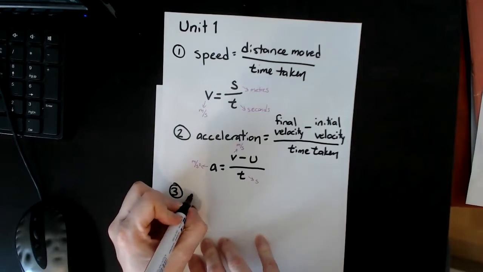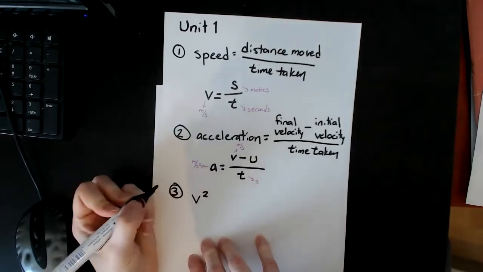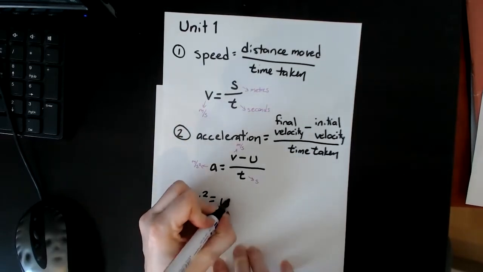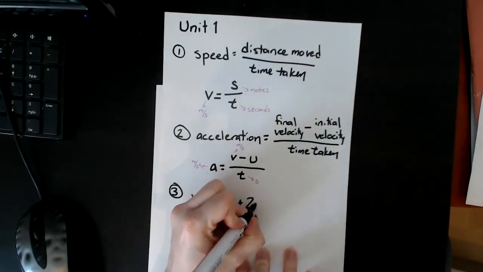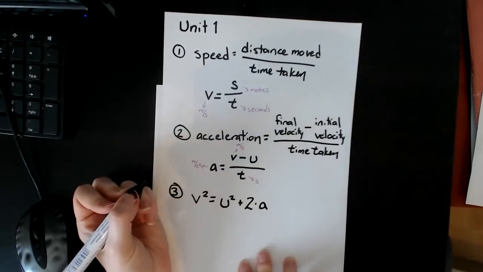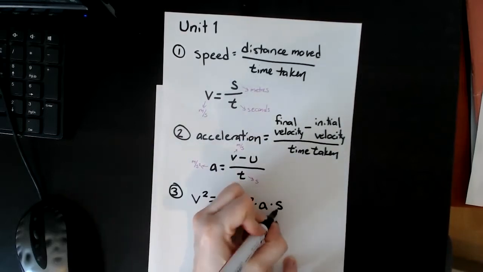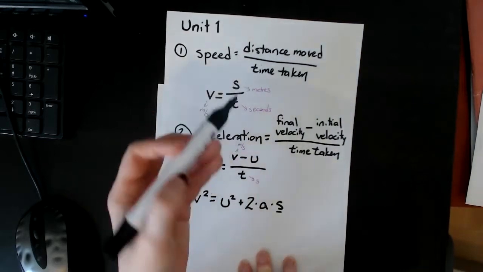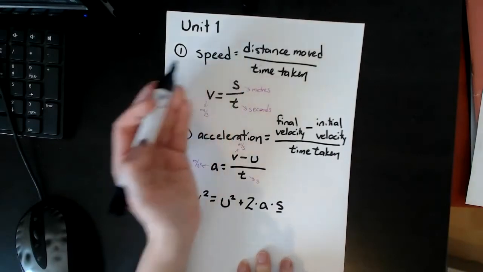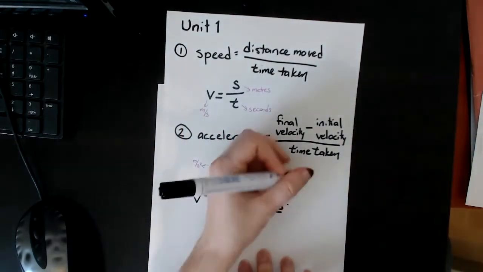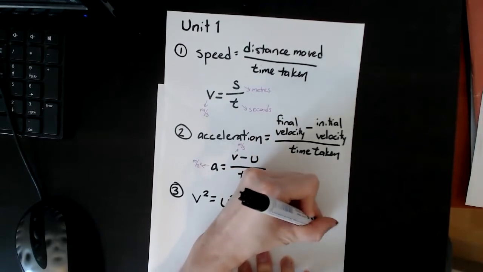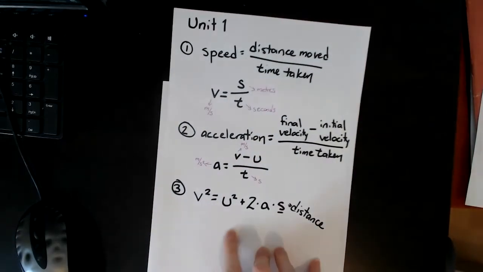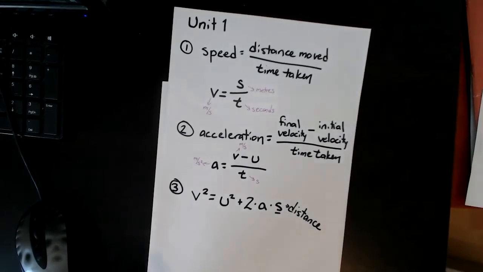So the idea is that the final velocity squared equals the initial velocity squared plus 2 times the acceleration times s. And remember that s is actually the distance that's been moved. So let's make a note of that. So that's going to be the distance. All right, so this one, as I said, is given to you.